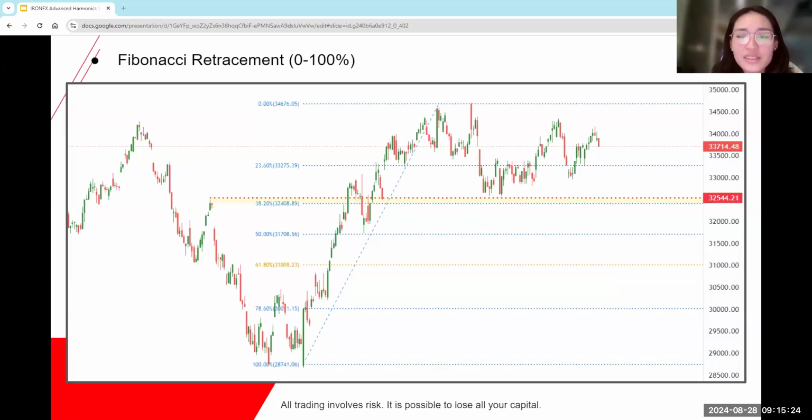If you're just using Fibonacci without the harmonics, we look at all of the levels. But I just wanted to highlight, since we are talking about harmonics, the 61.8, 78.6 and the levels that are greater than 100, which we'll touch on in a couple of slides.